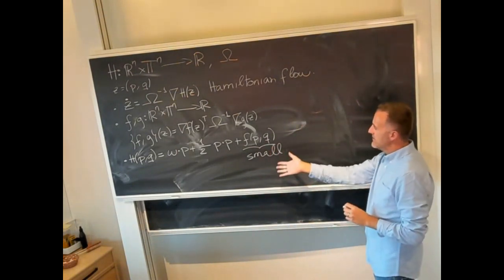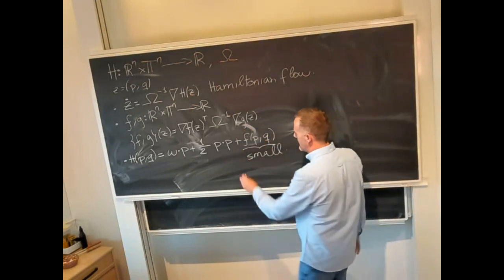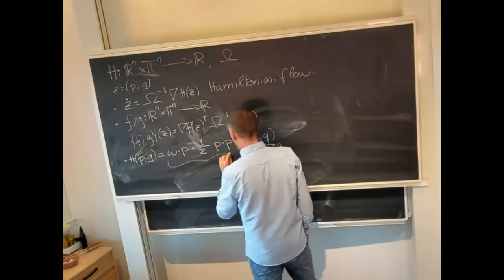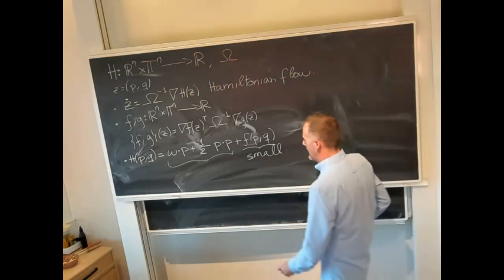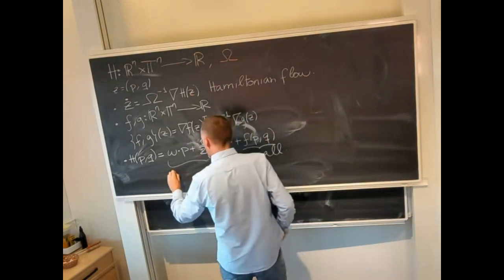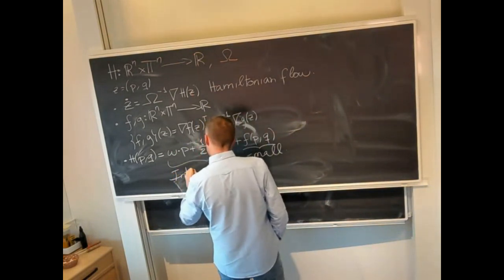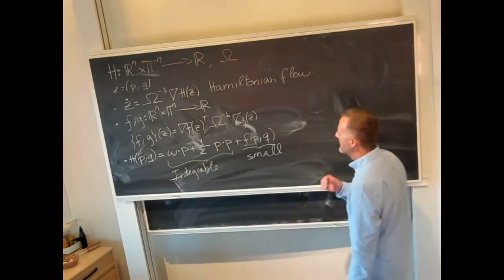This Hamiltonian is very beautiful in the sense that if this small term were equal to 0, then we can fully determine the orbits of that Hamiltonian. Sometimes this Hamiltonian is called integrable.